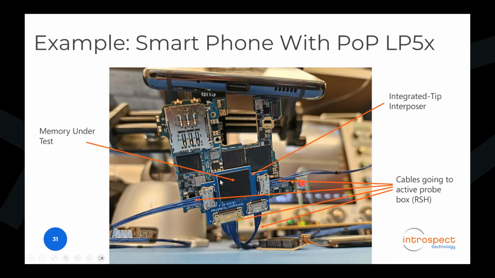For this kind of debugging, we removed the memory from the package, installed the Introspect interposer, which is the blue PCB here, and then put the memory back on. But you can see that the interface to the oscilloscope or to the active probe solution is no longer a soldered down tip. It's just a microcoaxial cable.